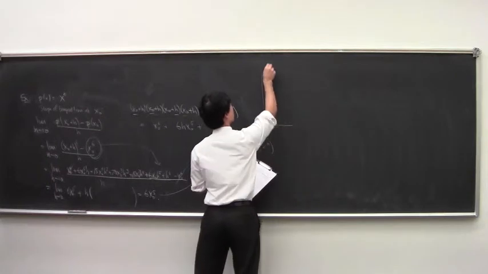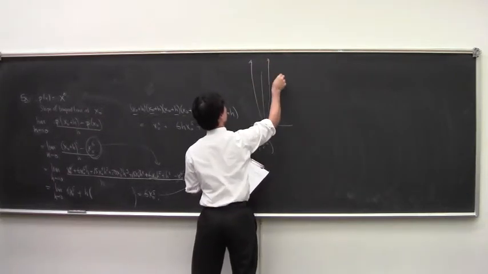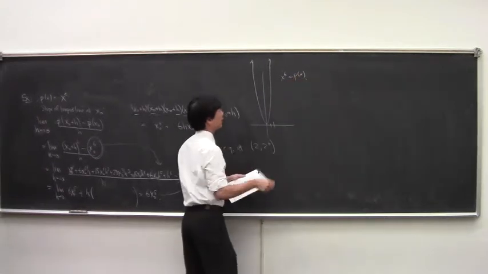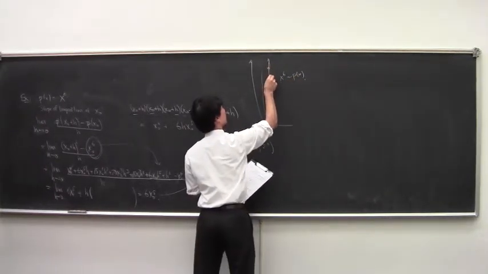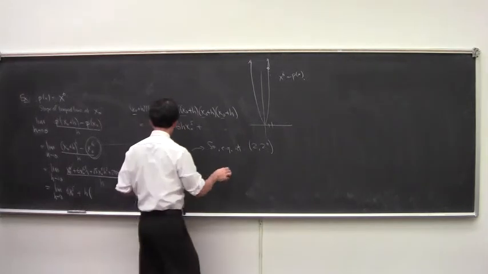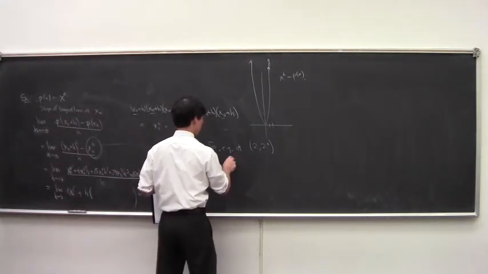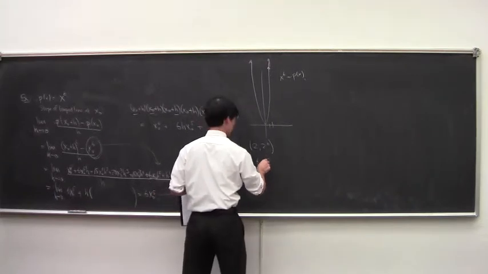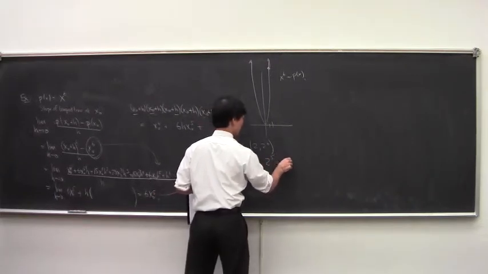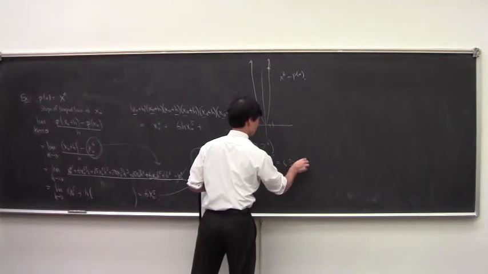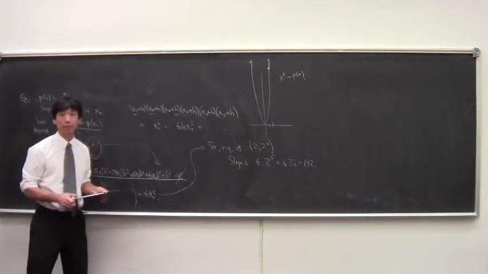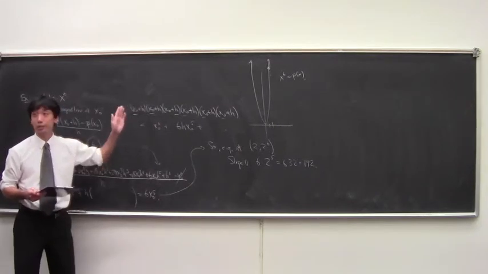This is your x to the 6th function, and you want to know the slope here. Well, the slope is 6 times 2 to the 5th. 6 times 32, that's 192.